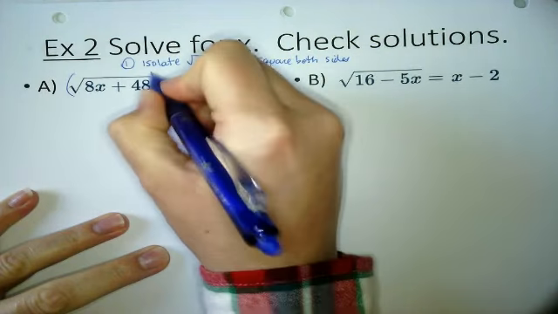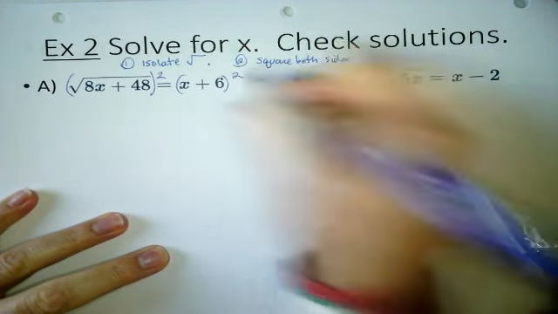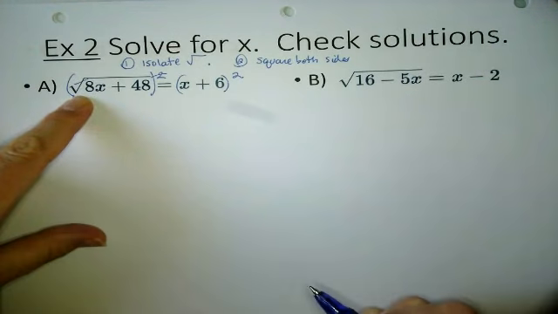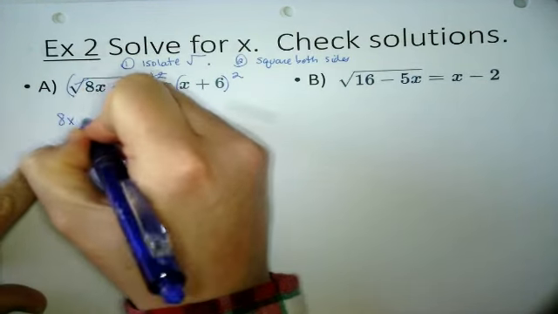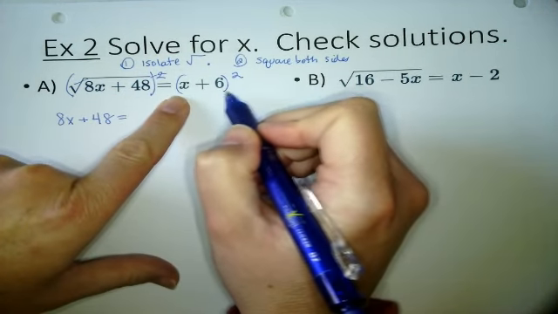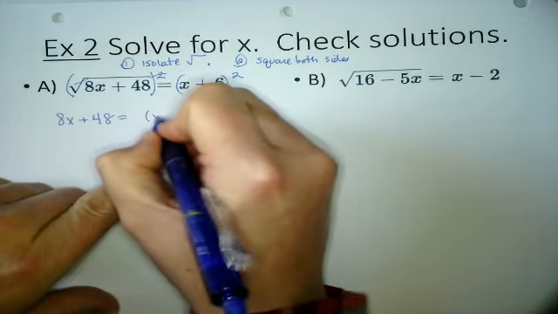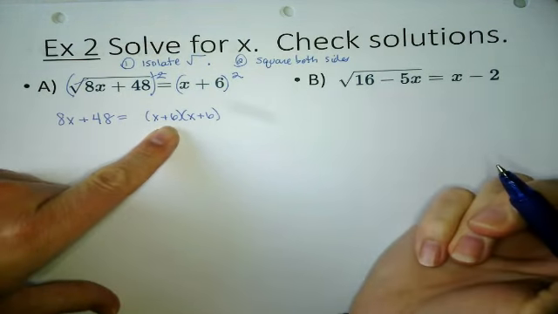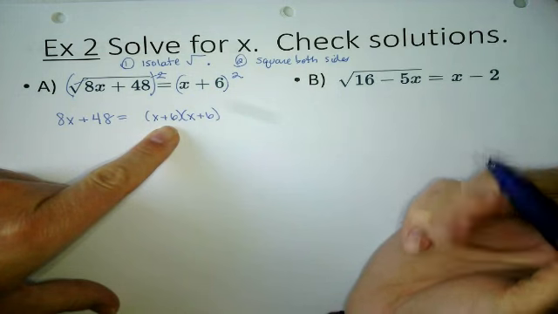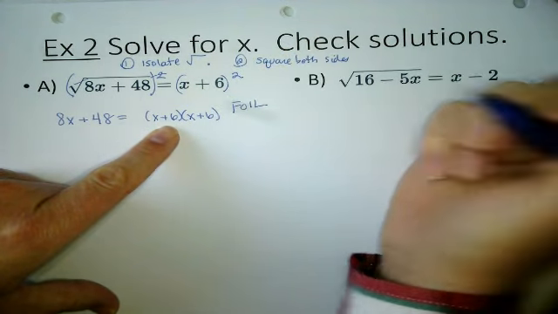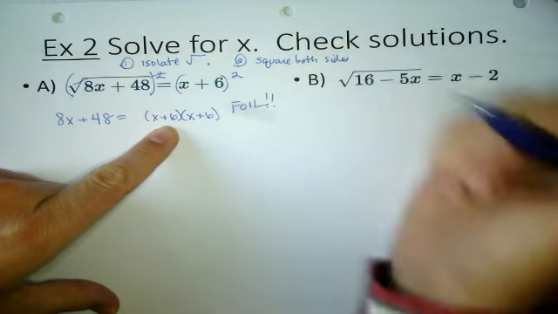This is where it gets a little more complicated. The square root and the square cancel each other out, leaving the inside. But over here, this is x plus 6 times x plus 6. And what do we have to do to multiply those? Yeah, we have to multiply these bubbles together.